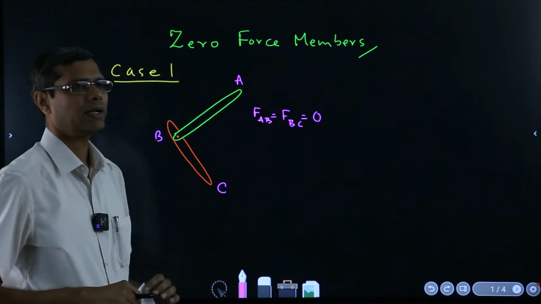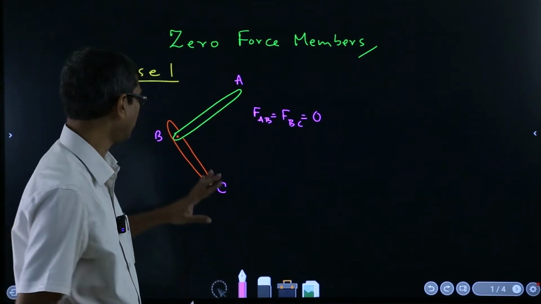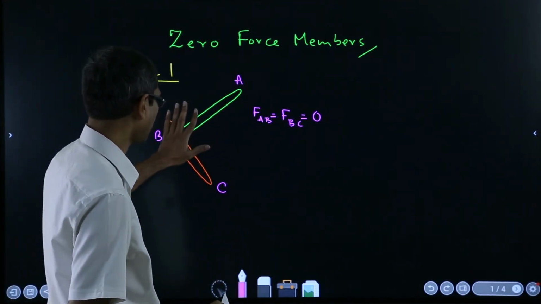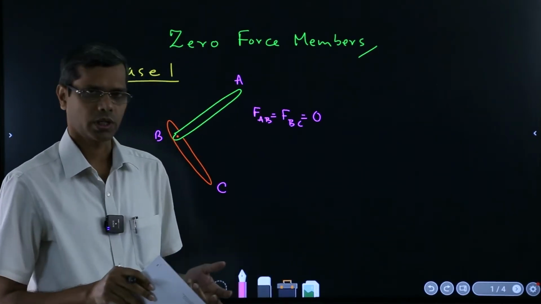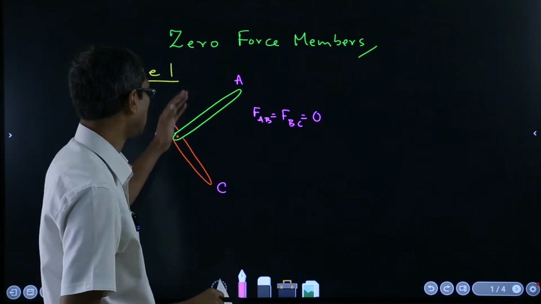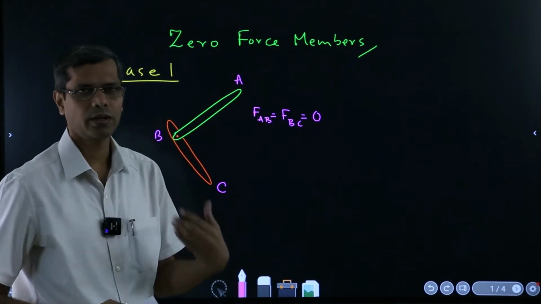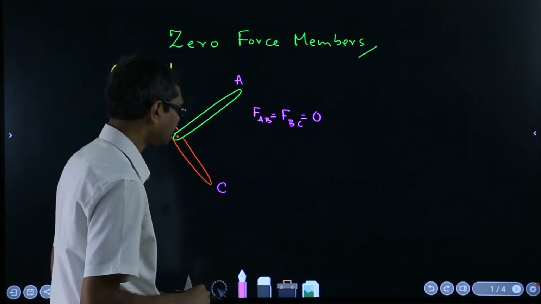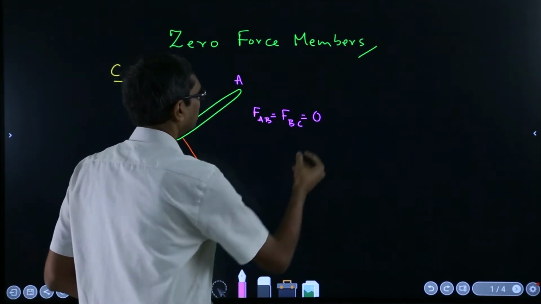So if in a truss under a given loading condition, whenever you see such a portion or a segment, you can simply tell that these are 0 and you can remove them for analytical purposes. Okay. So that is one.